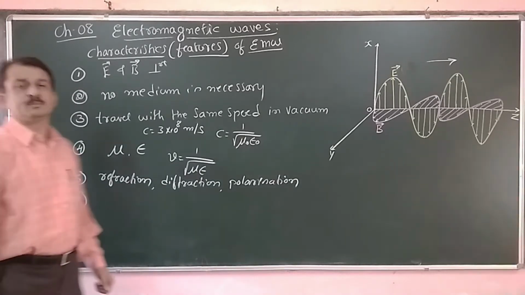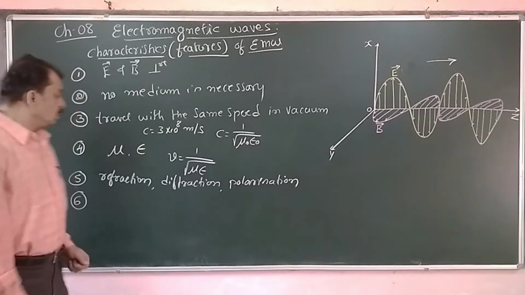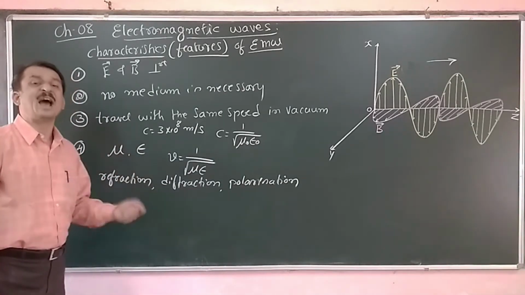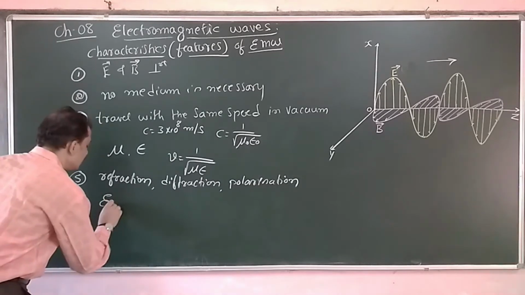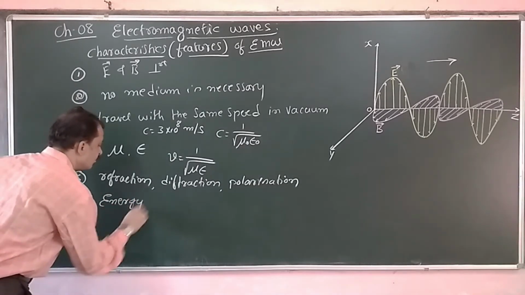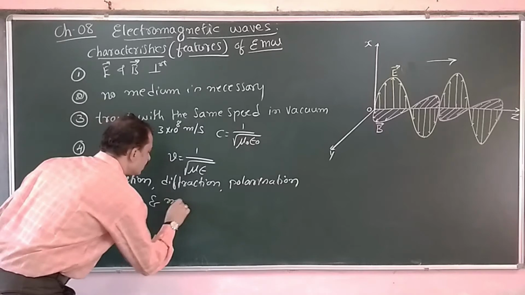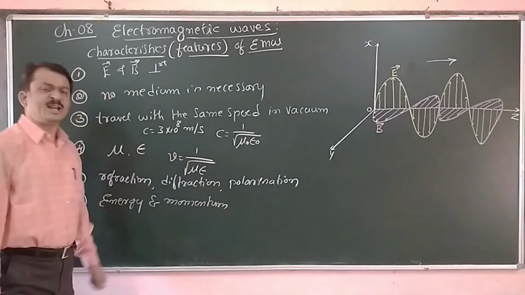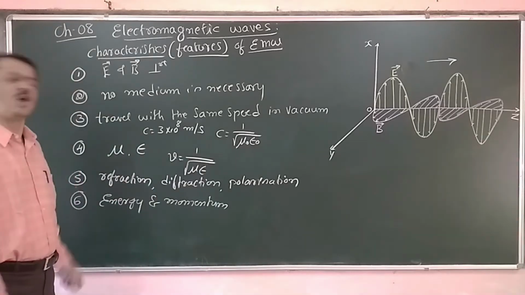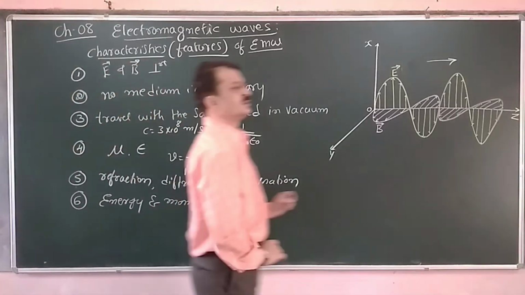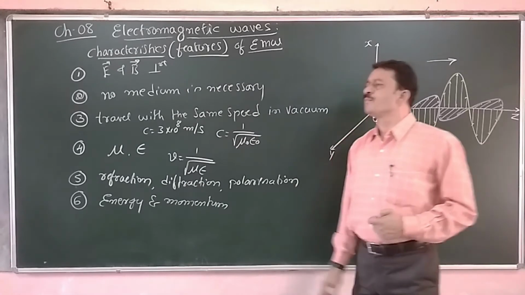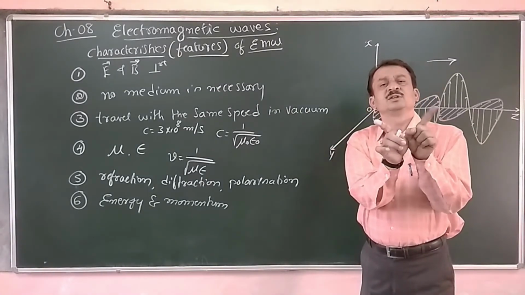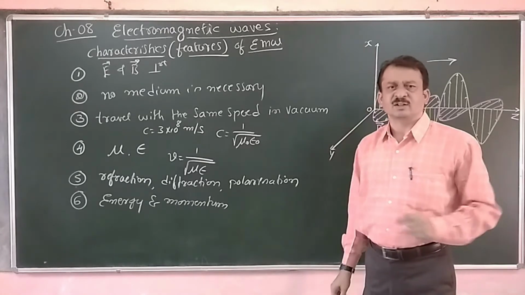Now, the sixth property. These electromagnetic waves carry energy and momentum, all the electromagnetic radiations. Since they carry energy, that energy is divided between the electric vector and the magnetic vector.